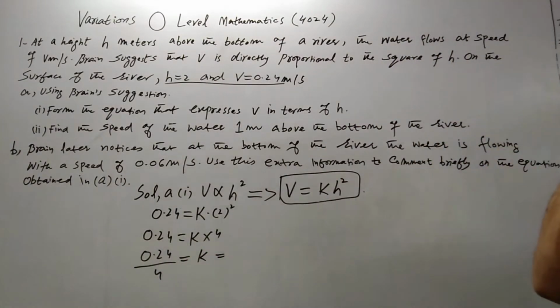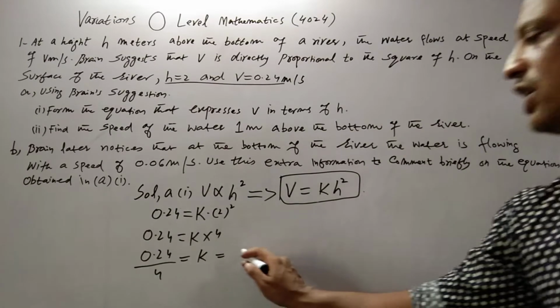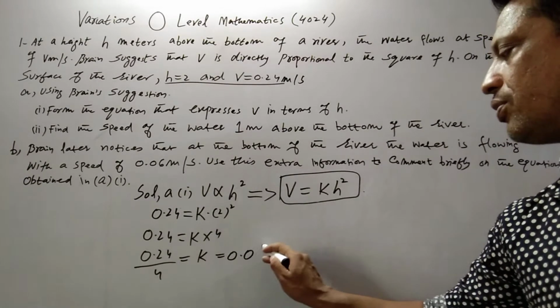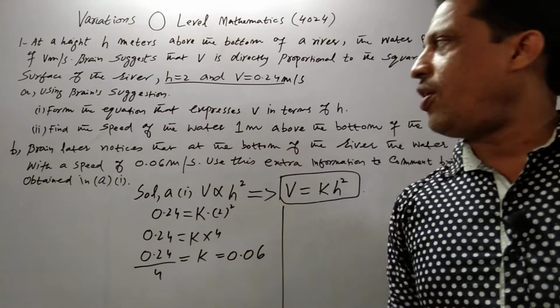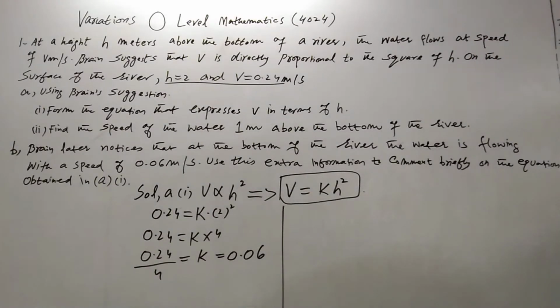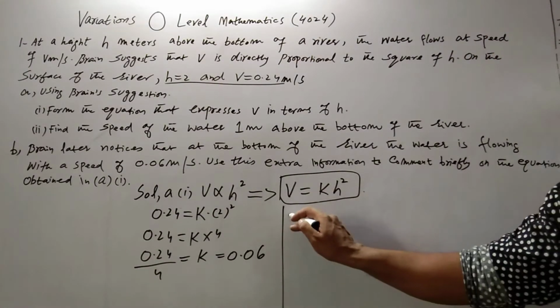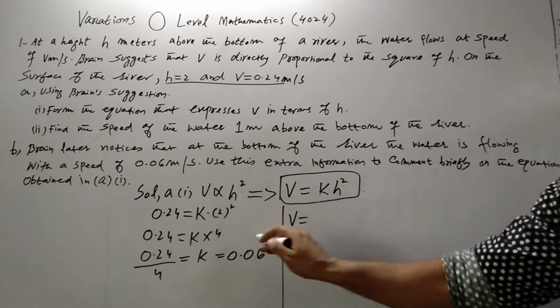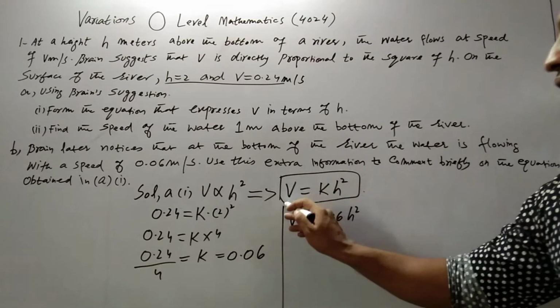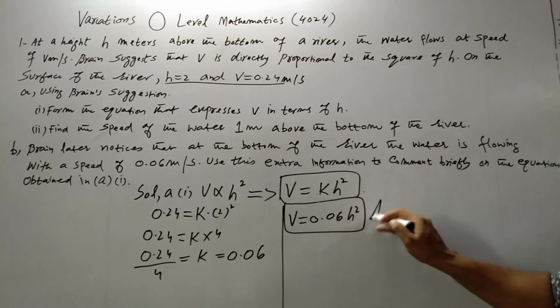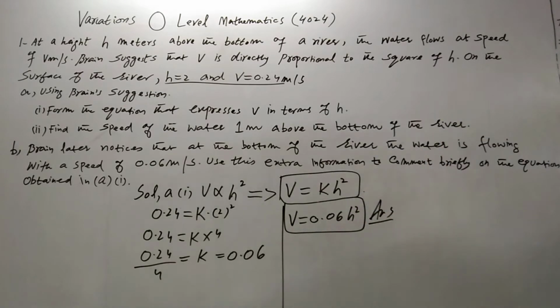After calculating, we get 0.06. Hence, the requirement of part 1, the equation that expresses v in terms of h, is v equals 0.06 h square. This is the final answer of part 1.